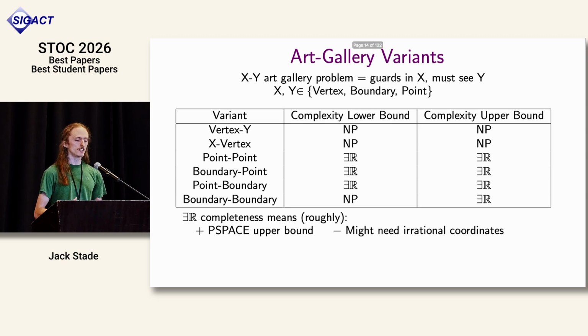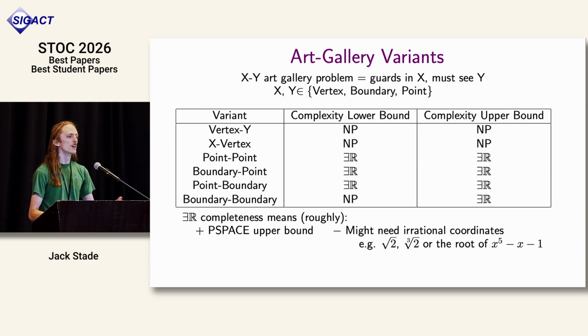On the negative side, we typically know that exists-R complete problems will sometimes require irrational coordinates, so I might need to place a guard at a coordinate like square root 2. And in fact, typically, you would need to use roots of arbitrary polynomials. So it might be worse than square root 2. It might be the cube root of 2, or it might be the root of some quintic that can't be expressed in terms of radicals.